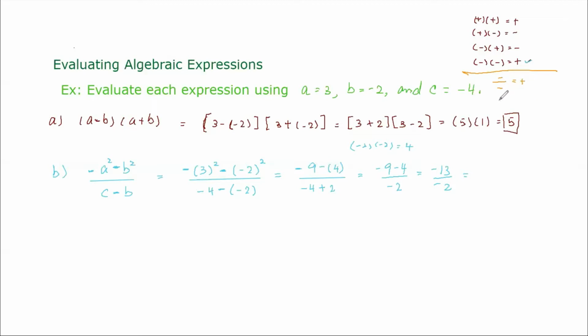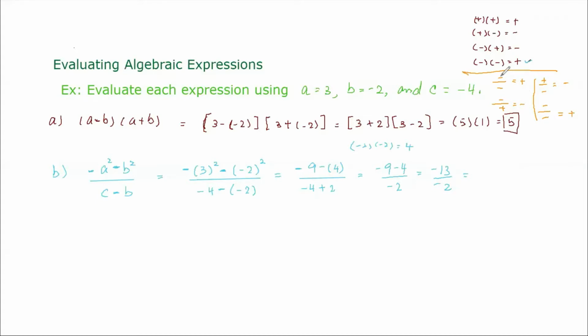And next one, if you have minus over plus, it's going to be minus. And here, if you have plus divided by the sign minus, it comes out still a negative sign. So negative sign divided by negative sign becomes plus sign, right? Okay.